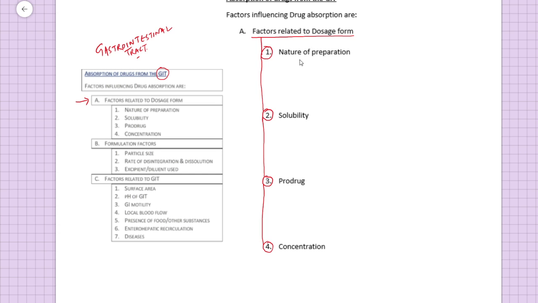So as a general rule, the order of absorption according to the dosage form. When we say nature of preparation, what we mean is the dosage form.